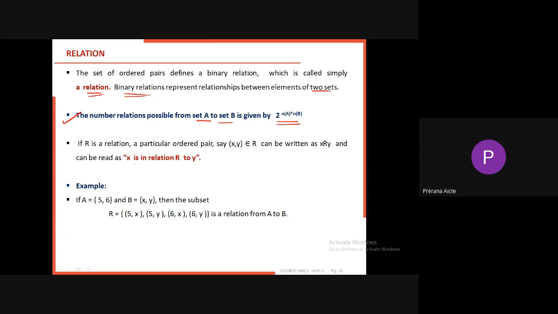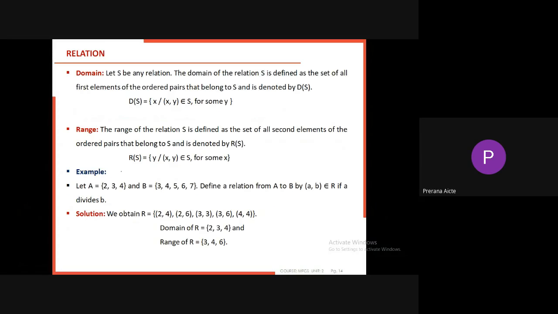If R is a relation and a particular ordered pair x comma y belongs to R, we can read it as x is related by R to y. Here is the example: A equals {5, 6}, B equals {x, y}. The ordered pairs possible from these two sets are 5x, 5y, 6x, 6y. Actually this is the cross product operation. Based on this we can define a particular relation.